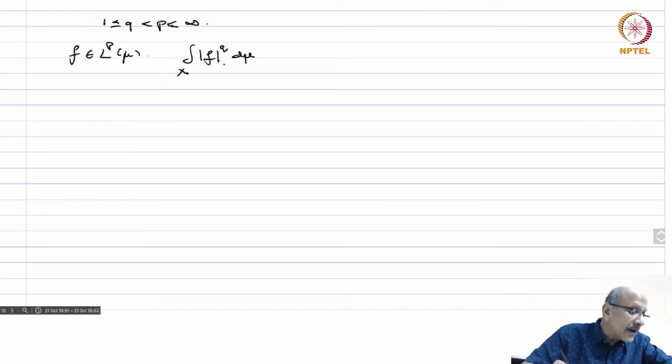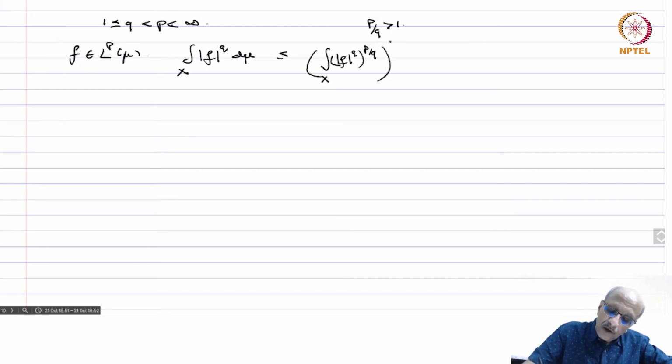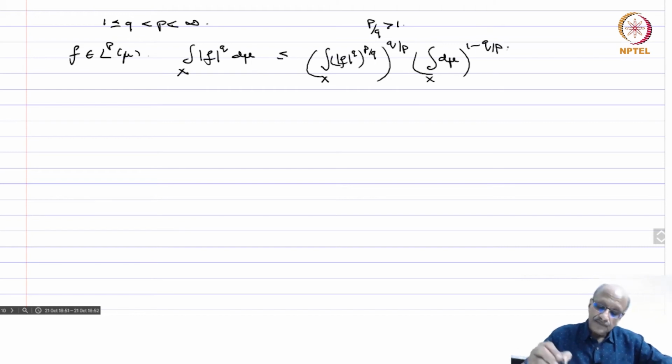If I apply that, since q is less than p, p by q is bigger than 1. So we can apply Holder's inequality with p by q as the index. So it's less than or equal to the integral over X of (mod f to the q) to the power p by q, whole power q by p, into the integral over X d mu, where 1 is to the power, I don't care what it is, it's 1 minus q by p. Now this is nothing but mod f to the p whole power q by p.